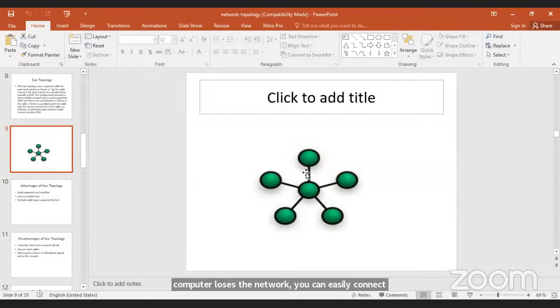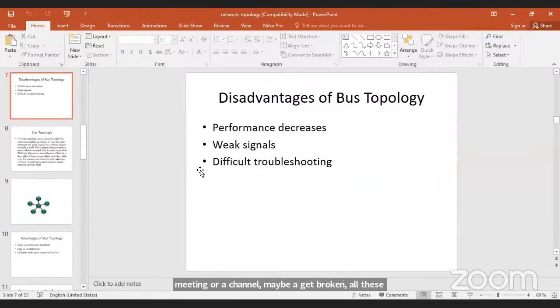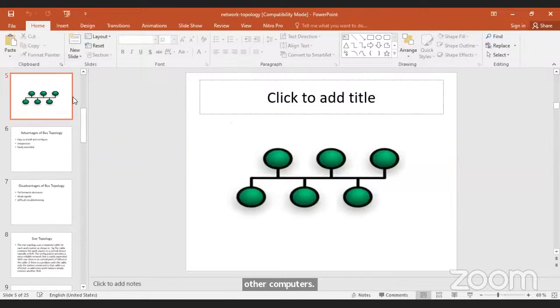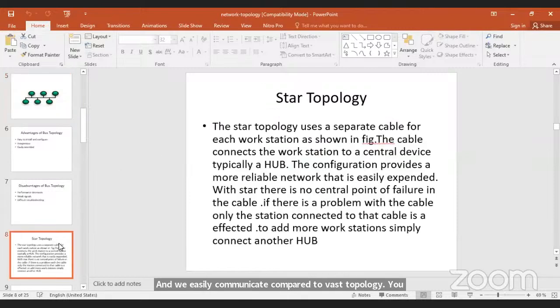So it means that when maybe a media or a channel gets broken, all these other computers can still easily communicate. Compared to bus topology, in bus topology, when one cable breaks, the connections will be lost. So if there's a problem with the cable, only the station connected to that cable is affected.